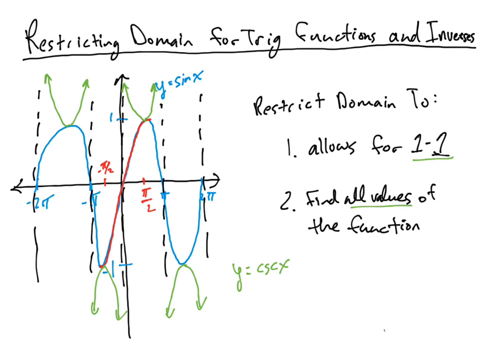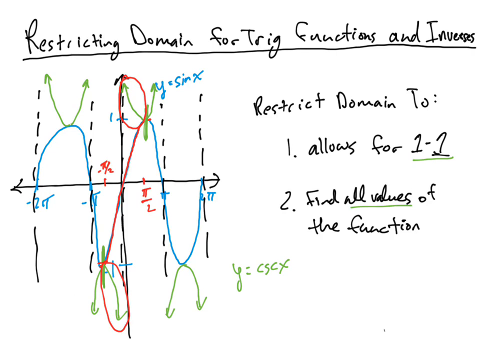Now, if we restrict this from negative pi over 2 to pi over 2, we're going to get all possible values for the cosecant function. We're going to get from 1 to infinity and from negative infinity to negative 1. And also, this is going to be 1 to 1. So this part of the graph right here, and this part of the graph is 1 to 1.